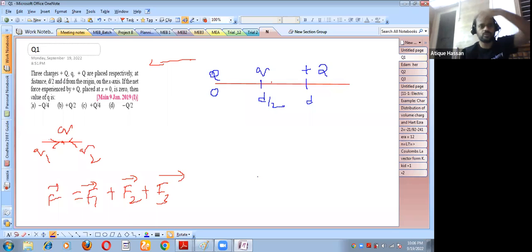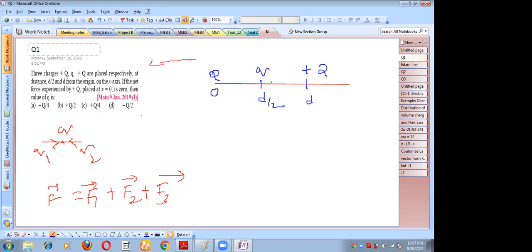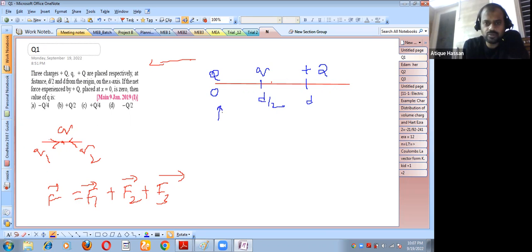According to the question, the net force experienced by the charge placed at the origin is 0. So F1 plus F2 equals 0, and F1 will be equal to minus F2. So the force acting on this is 0.